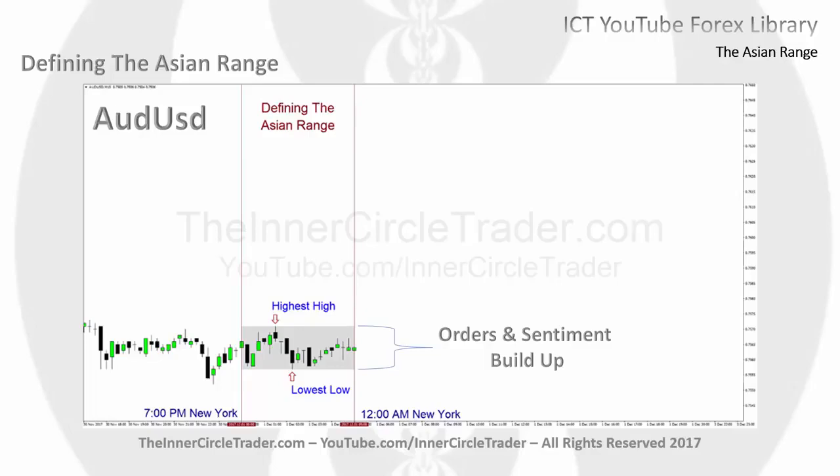This compression of market participation starts to build up closer and closer until we get to midnight in New York. As soon as we cross over midnight time in New York, we are in fertile ground for price movement. We're going to assume that everyone in this listening audience is familiar with channels, or trading ranges. The idea is above this range, there are going to be buy orders.